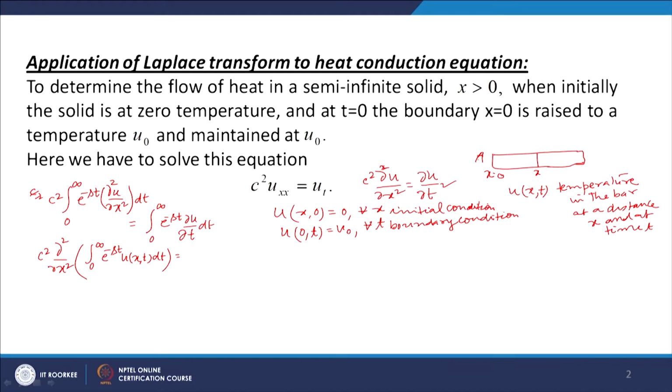now here this is a product of two functions of t. So, let us integrate by parts. So, e to the power minus s t into the integral of del u by del t, which is u(x,t), minus integral 0 to infinity derivative of e to the power minus s t is minus s.